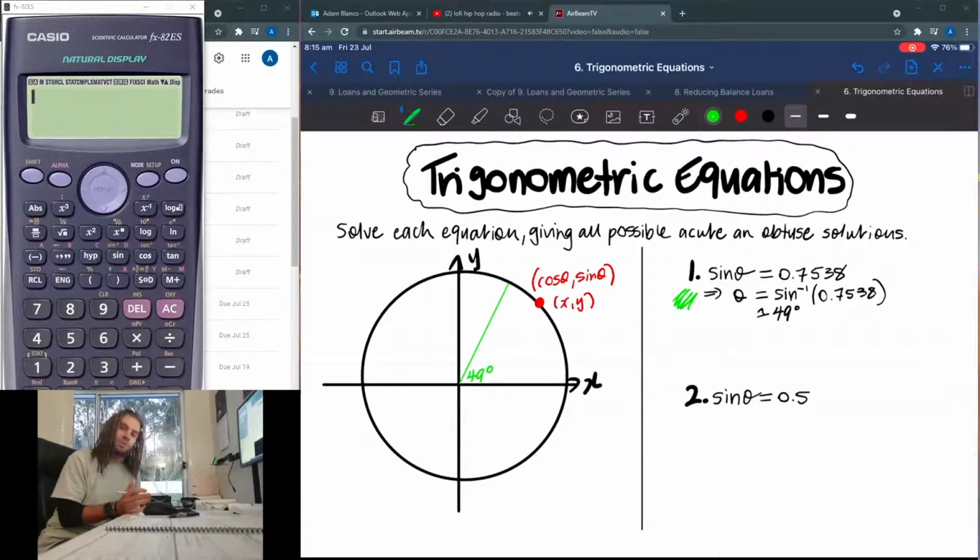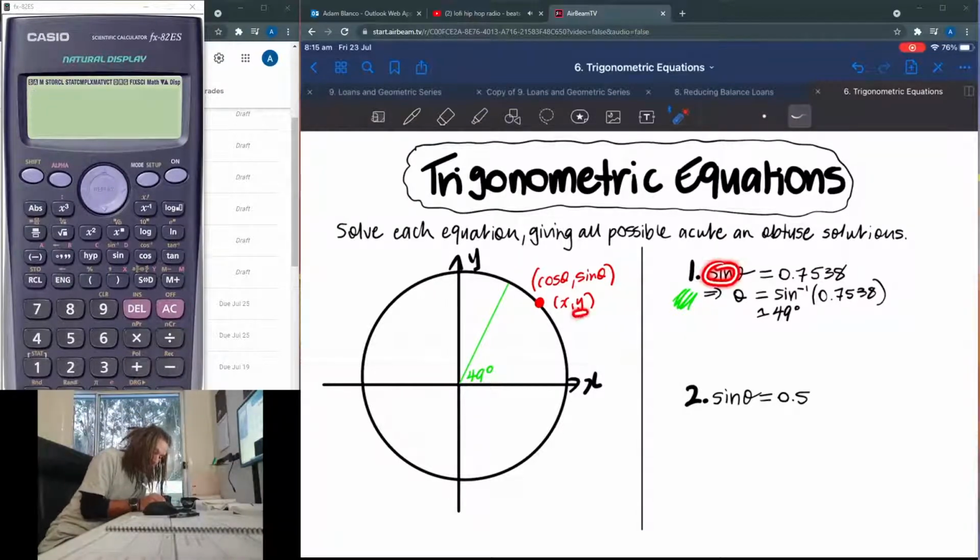Now, the problem with this is, well, that's fine, that's one solution, but we know that sine is our y value. And the y value, so I've just computed sine, is this value up here. So at this point on the unit circle, keeping in mind that that's 1, the y value is 0.75.